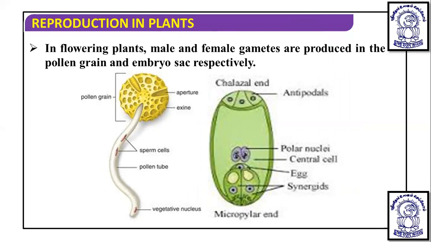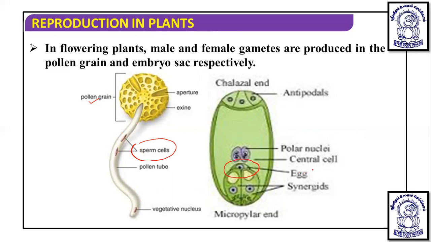Dear students, you can see in this diagram clearly that this is the pollen grain and this is the pollen tube. Here they have the sperm cells, and here this is the embryo sac, and in this you will find the presence of the egg cell.